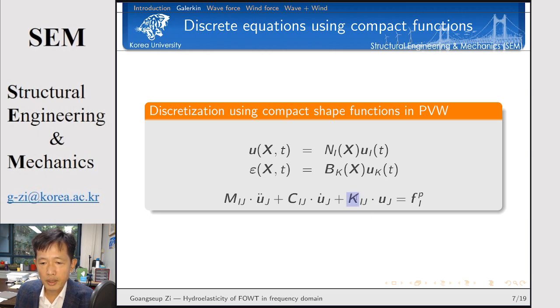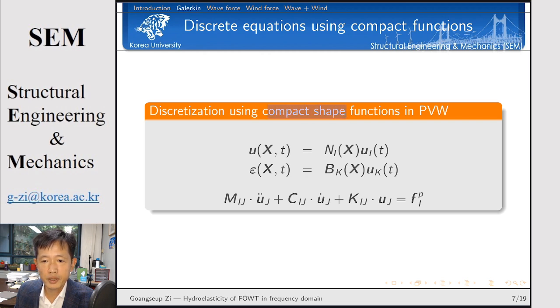Make sure that here I have boldface for K because that represents all the DOF, a kind of vector. On the right hand side, we have discrete forces corresponding to the applied pressure. Also, C_ij is a damping matrix. It is widely accepted that we can represent the damping matrix empirically as a linear combination of the mass and the stiffness matrices. And this is a discretization using the compact shape functions.